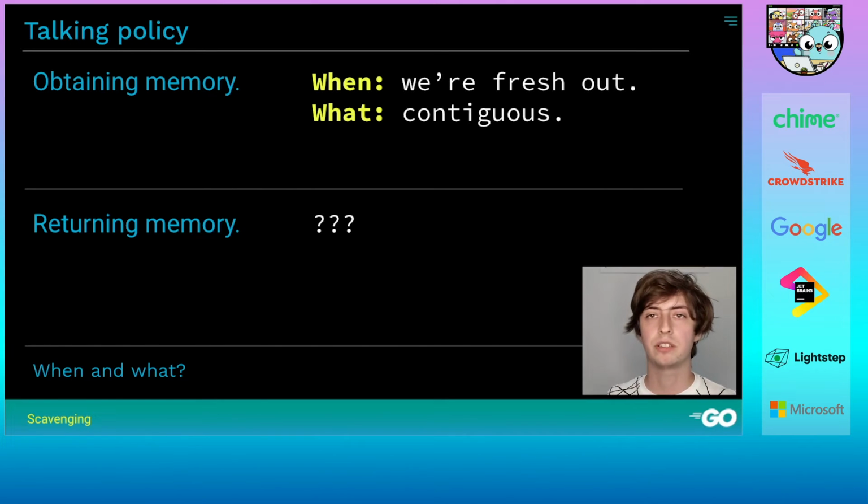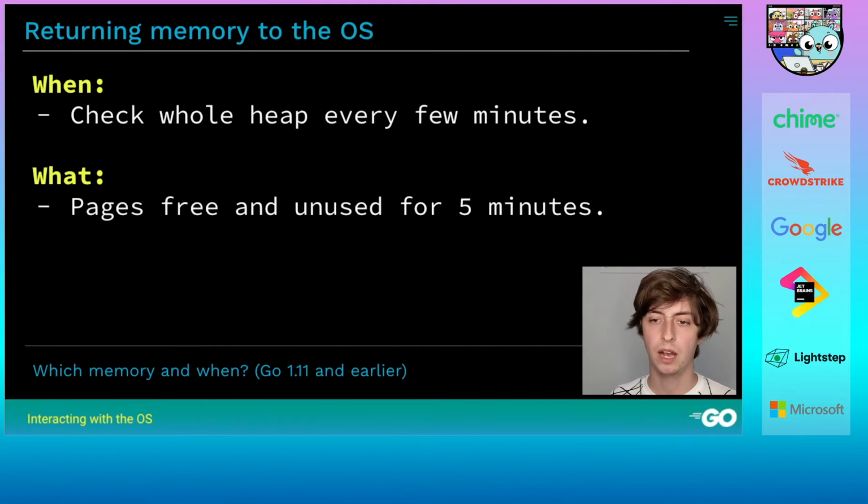And so as a starting point, let's see what Go did for a very long time. Here's a pretty simple solution. We know there's a cost to returning memory to the OS. So let's avoid that cost by only picking pages we're pretty darn sure aren't going to be used again. We track how long each page that's managed by the runtime has been completely free and unused, so the application hasn't had to store anything there.